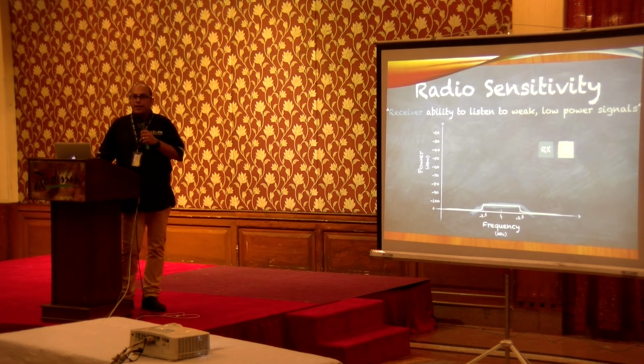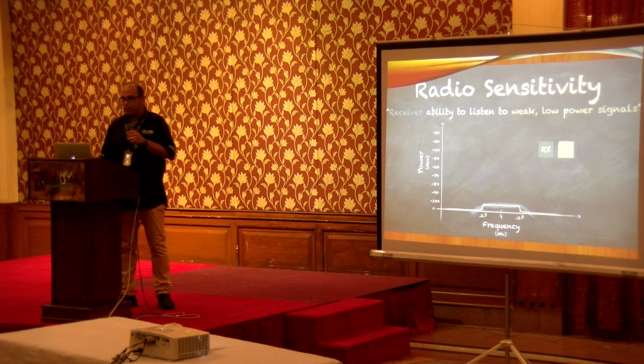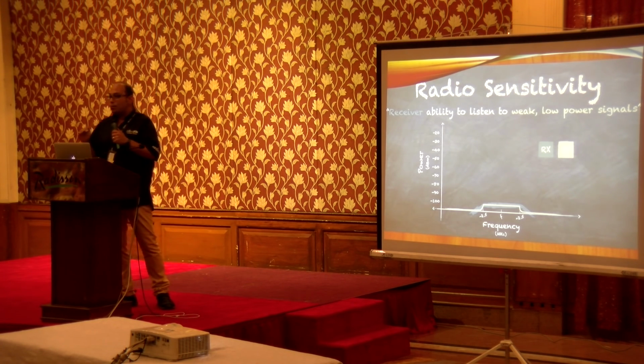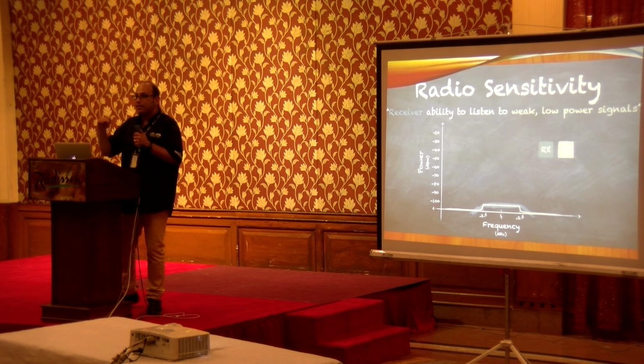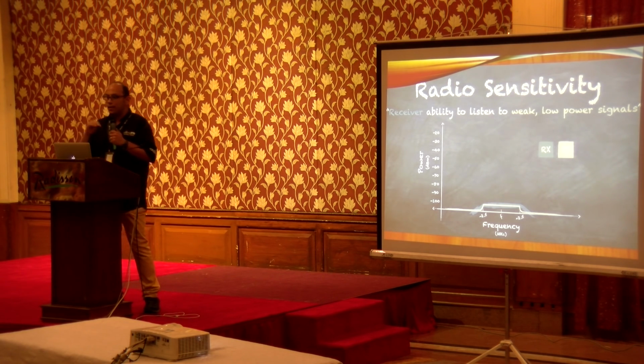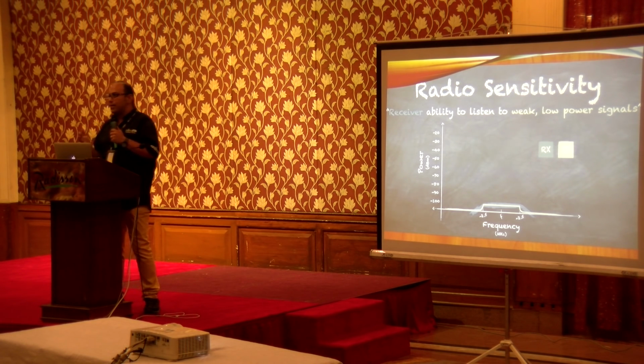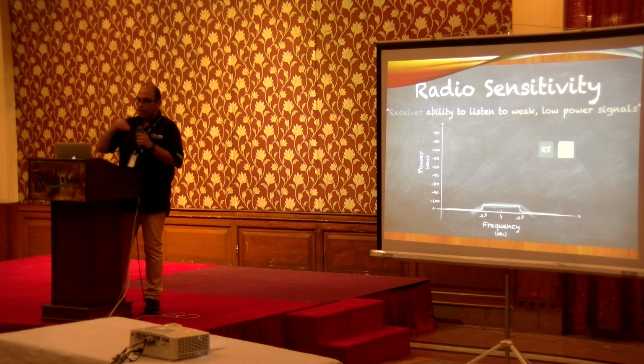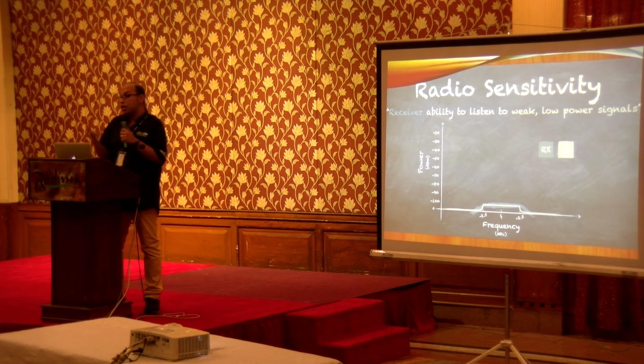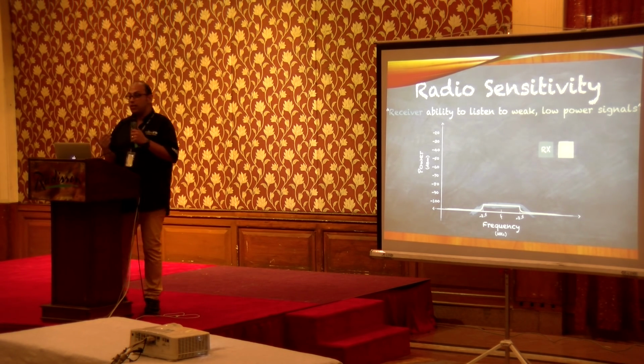There are two things that affect your link. One of them is RX sensitivity. I told you about RX sensitivity. It's the amount of low signal that your wireless card can hear. Manufacturers nowadays try to make the lowest RX sensitivity, like minus 90, minus 92 dB.